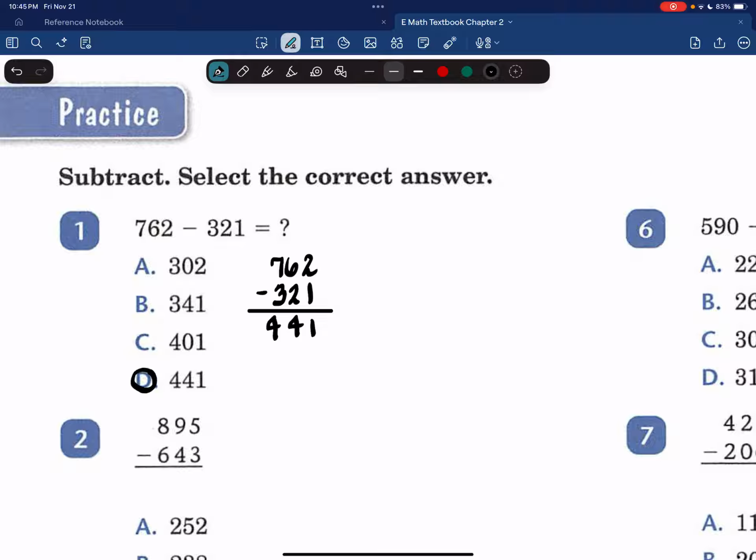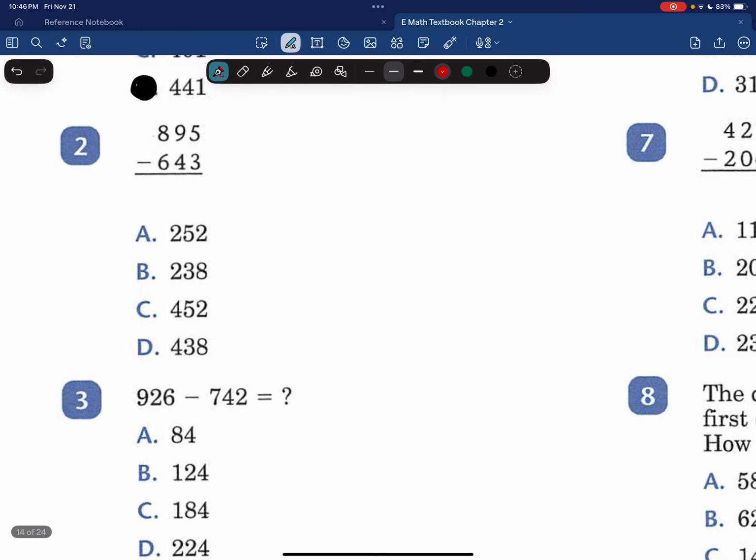I like answer D. Let's practice the checking though, because you'll need this with algebra. So you take your answer, the middle number, and you add those together. And if you've done the math right, you will get that top number. And we did, so we know this answer is correct.